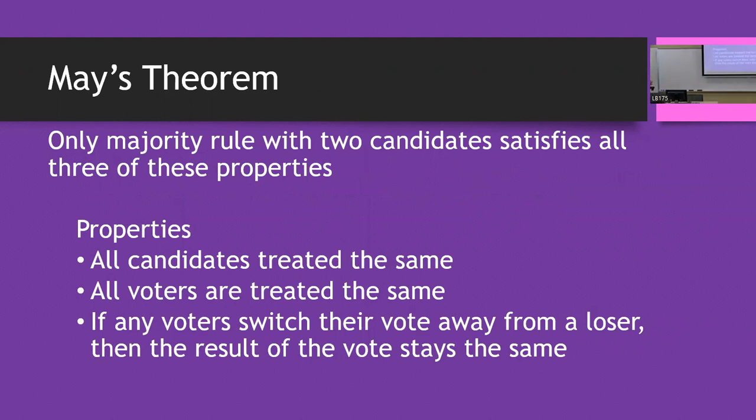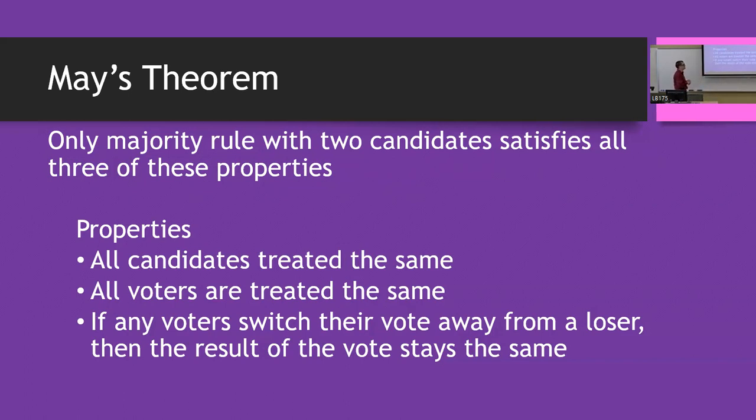It turns out majority rule with 2 candidates is the only system that satisfies all 3 of those properties. This result is known as May's theorem. May is the last name of a person that this is named after.